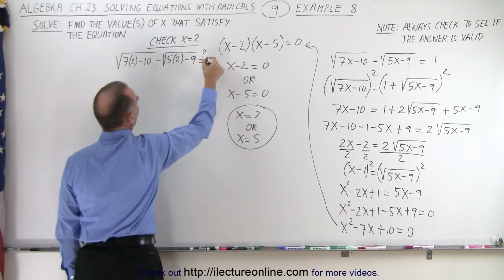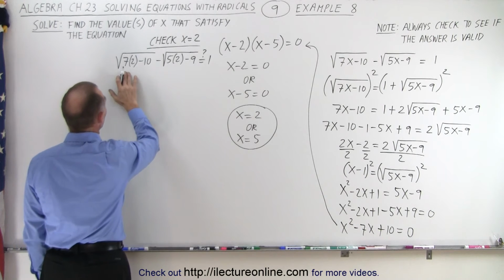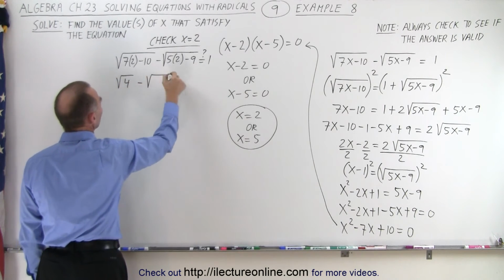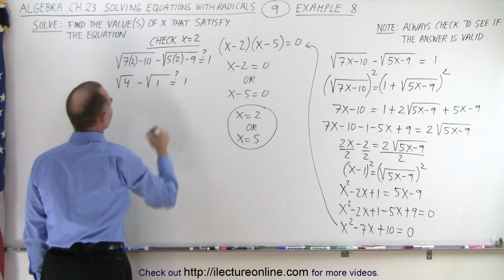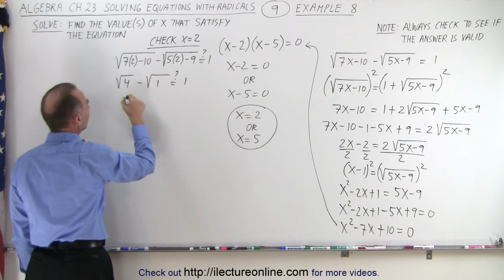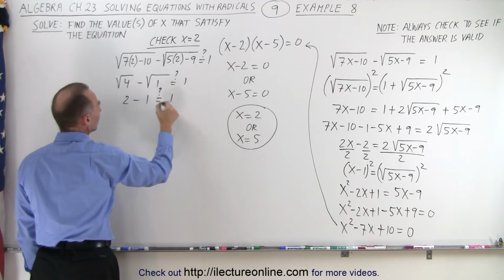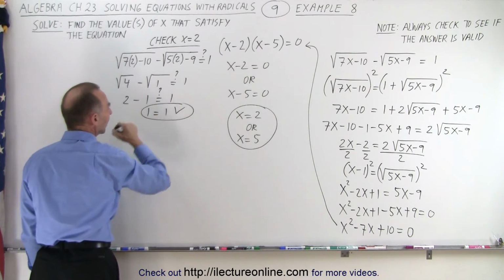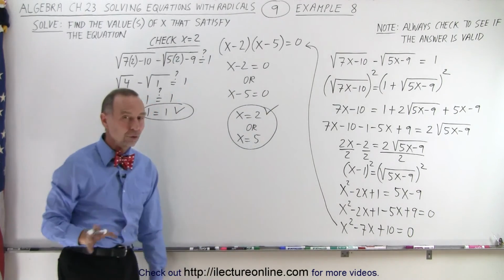Is that equal to 1? All right, let's see if it does. So that's 14 minus 10, that's the square root of 4, minus the square root of 10 minus 9, which is 1. Is that equal to 1? Well, the square root of 4 is 2, and the square root of 1 is 1. Is that equal to 1? Sure enough, 2 minus 1 is 1. 1 equals 1. That checks. So that means x equals 2 is a valid solution.